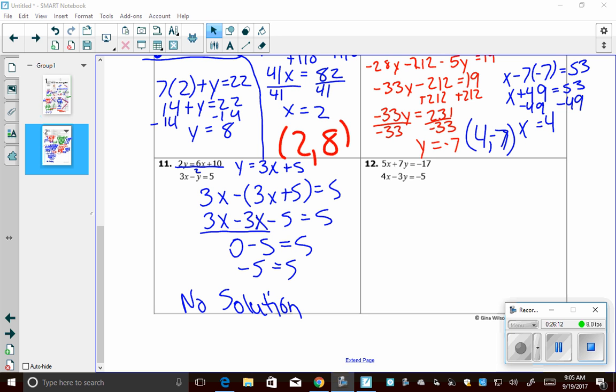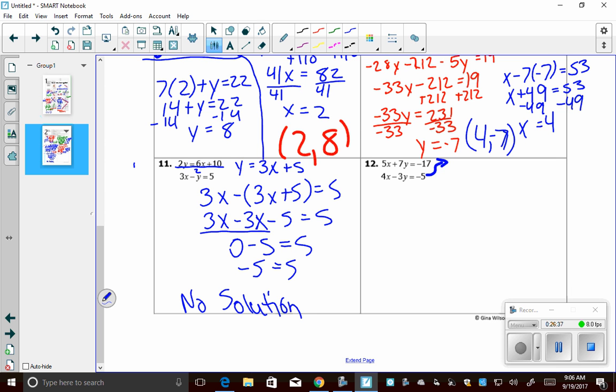Okay, so for this last problem, I'm going to solve the bottom one for y, because no matter which way I do this, I'm going to get fractions.